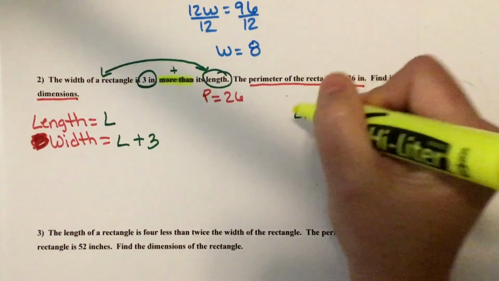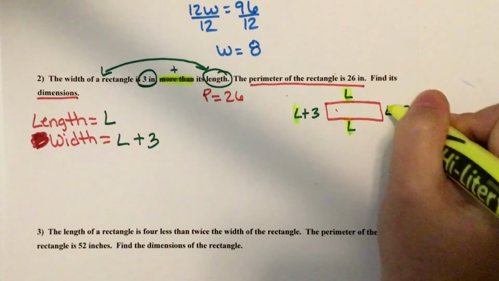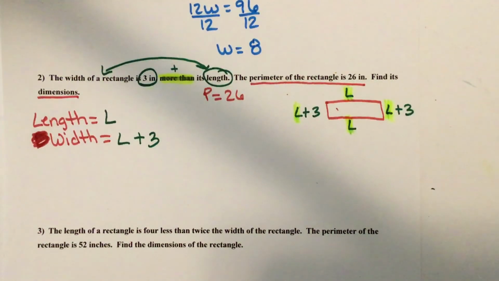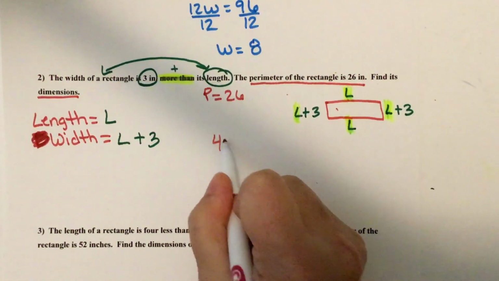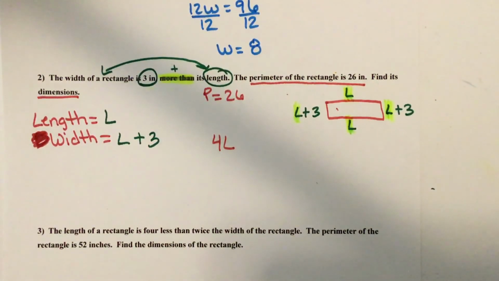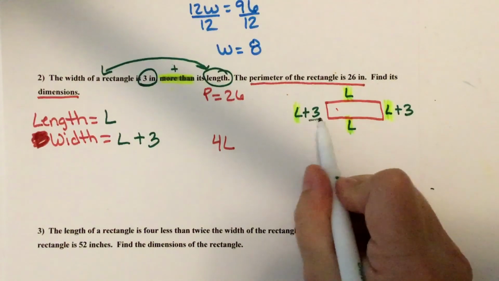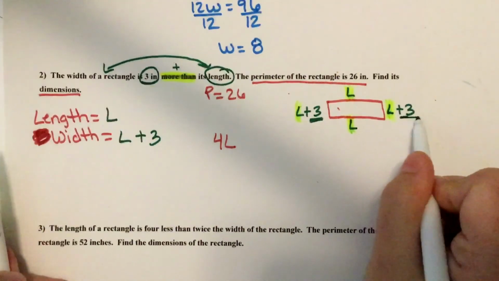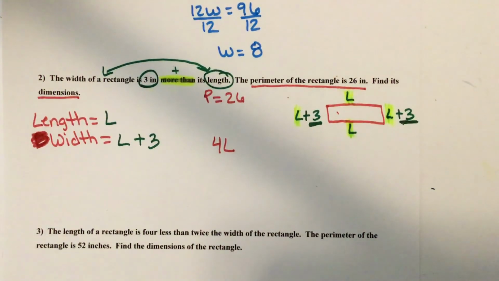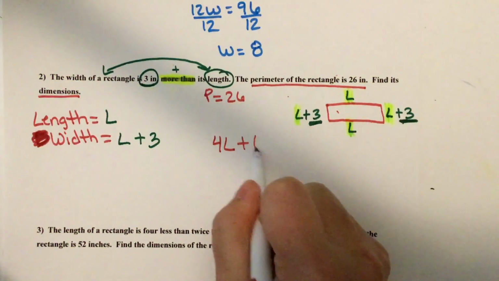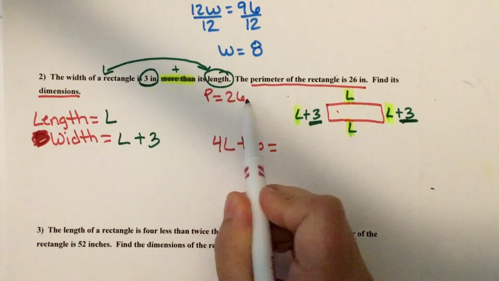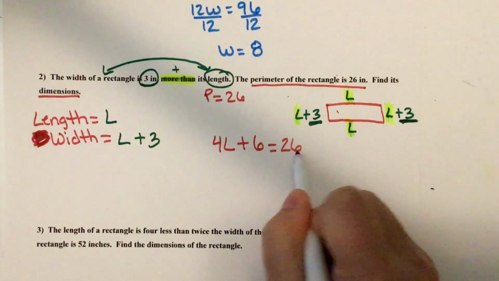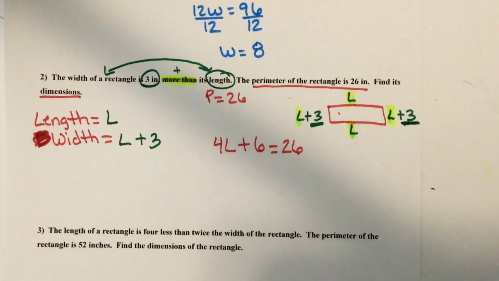What do you get if you add all the L's? You get 4L. What do you get if you add the constants? 3 and 3. You get 6. And so we're going to set that equal to the perimeter because that's the distance around the object. And that's our equation to solve.